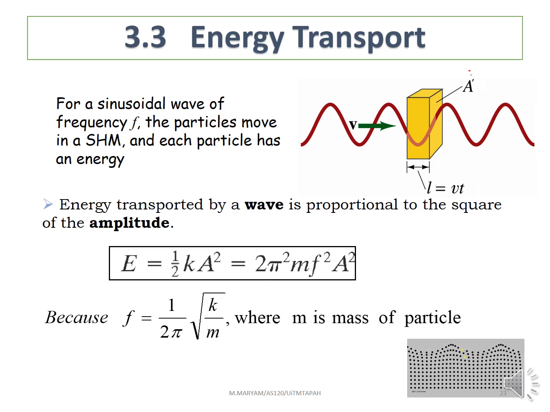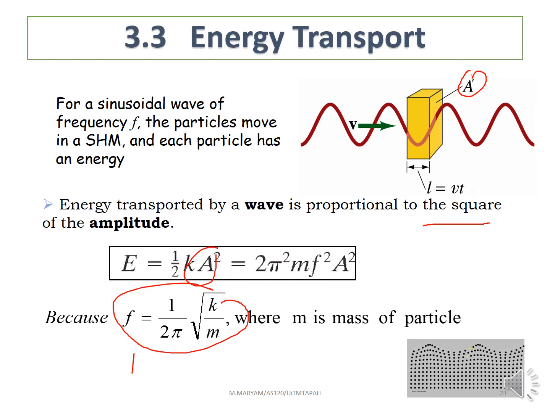L here represents the distance traveled, equal to vt, and A prime represents the area. Energy transport by a wave is proportional to the square of the amplitude. So energy in joules equals half k A squared, where A is the amplitude.